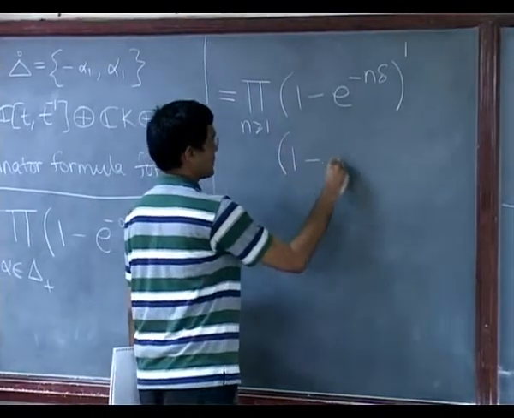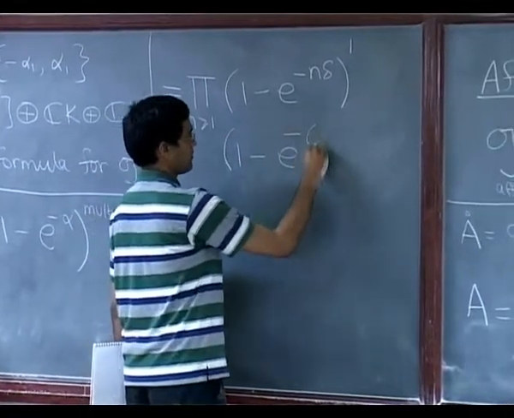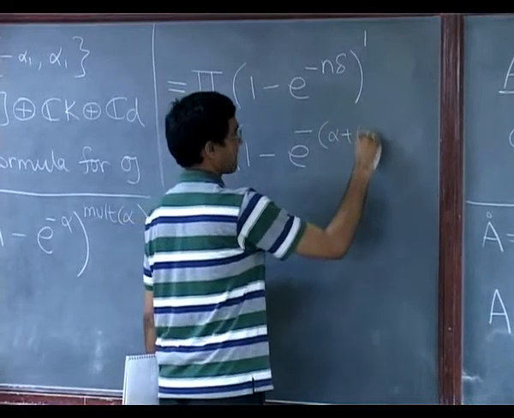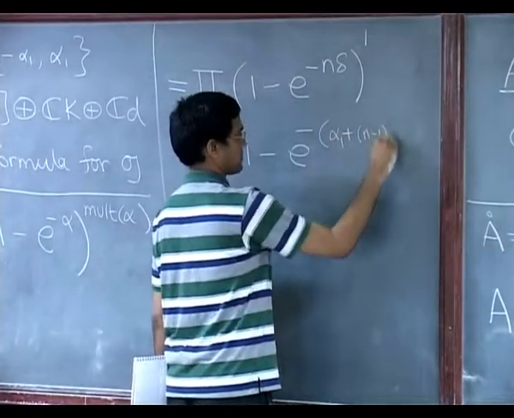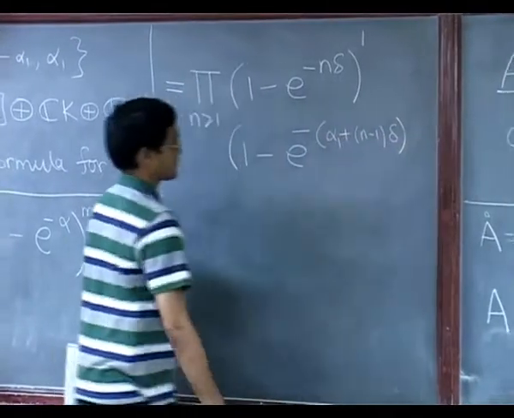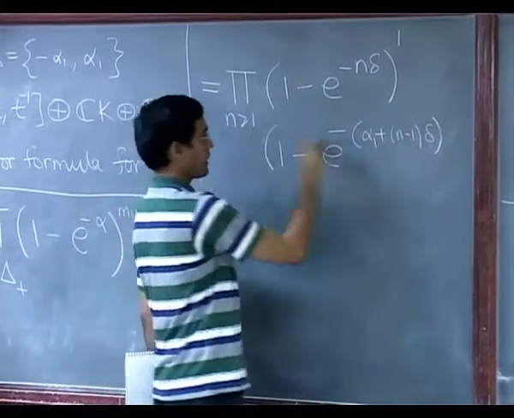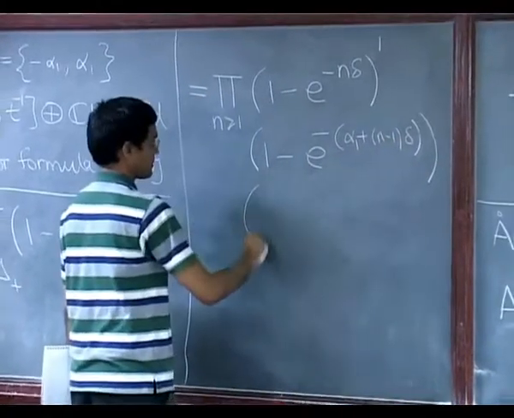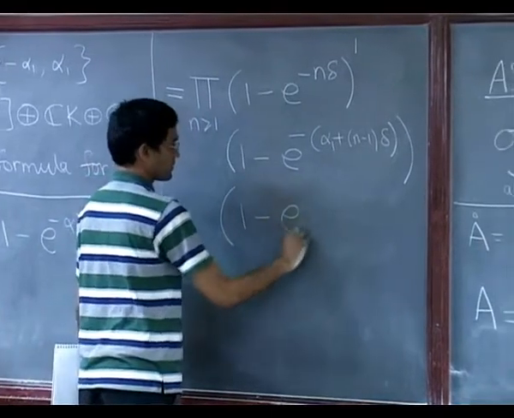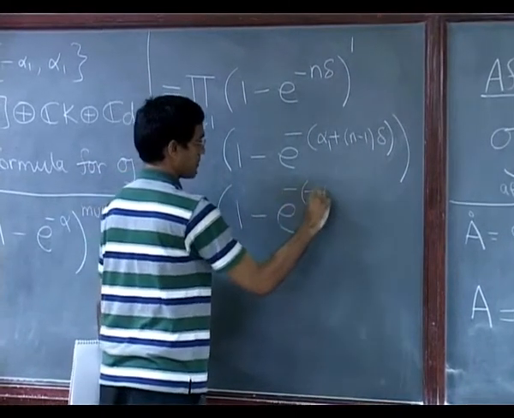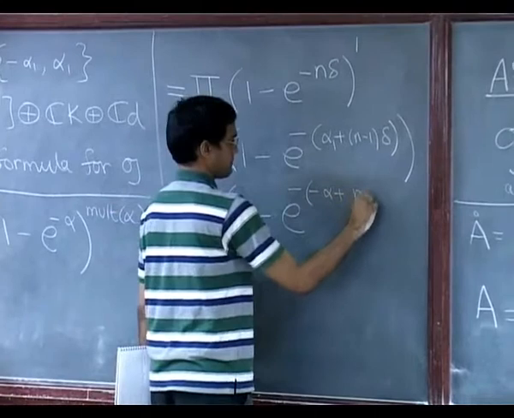It's 1 minus e to the minus of alpha 1 plus n minus 1 delta. Again I am running n from 1, times the third kind of root, e to the minus alpha 1 plus n delta.